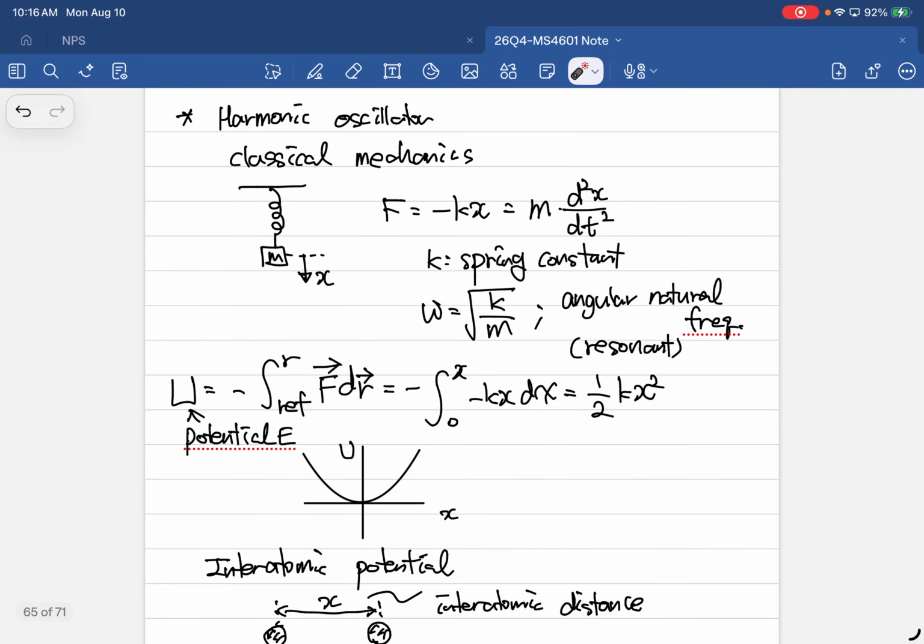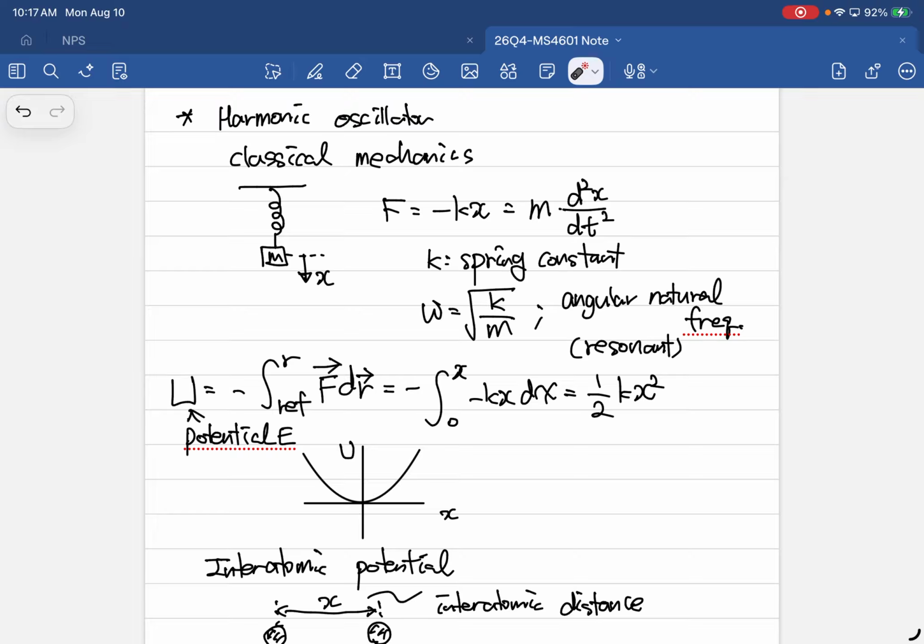Mass times acceleration. So here, omega can be defined as the square root of k over m. This omega is the angular natural frequency or resonant frequency. Probably you remember that from the vibration course.